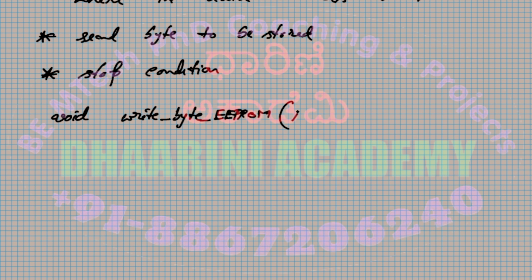But since our intention is just to understand the code and how to write a code, I'll just write int address. This address is inside the EEPROM where I want to store.